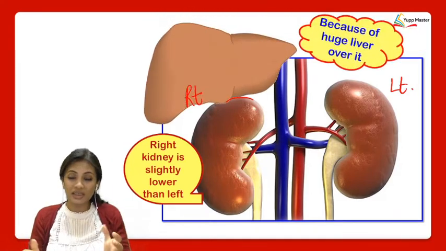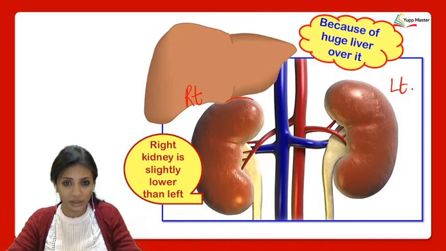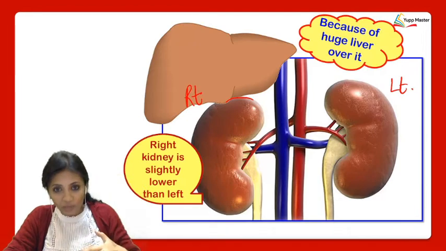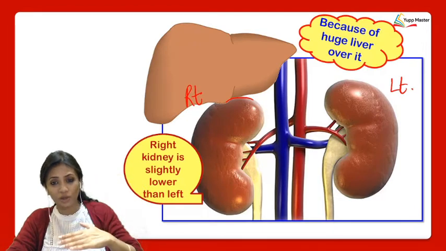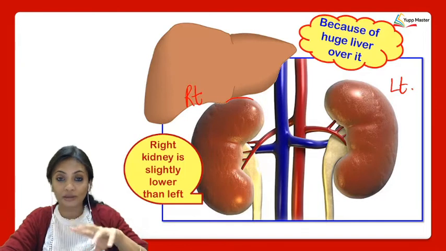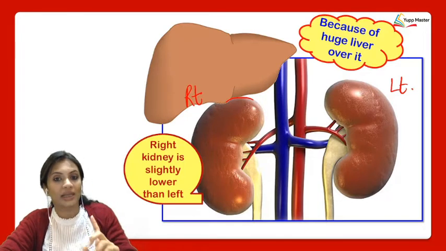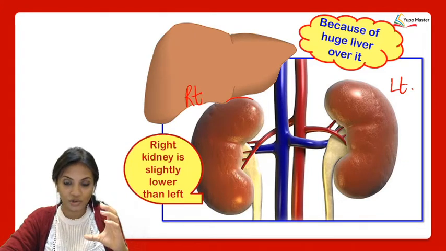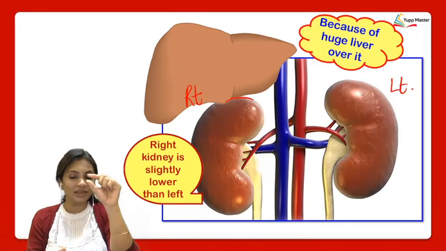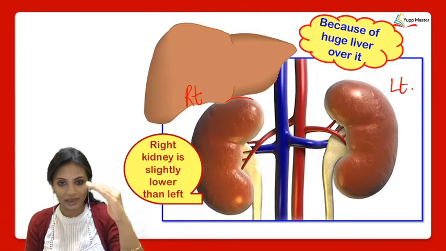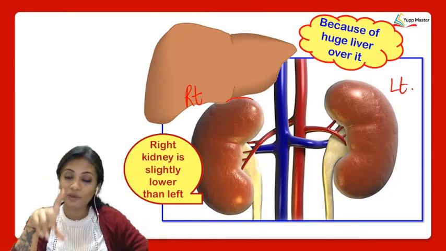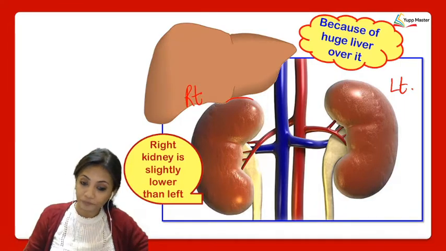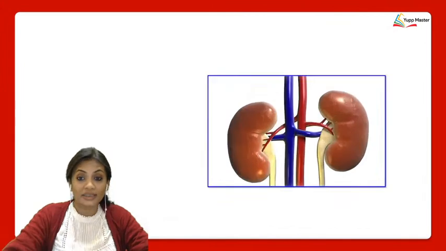The liver is such a huge and bulky organ that it has the potential to push that kidney down. So whenever you draw the excretory system, make sure that the right kidney you're drawing is placed at least one or two of your notebook lines below the left kidney. Why? Because you want to show that you know that there is a liver present above it. Now let's continue ahead.